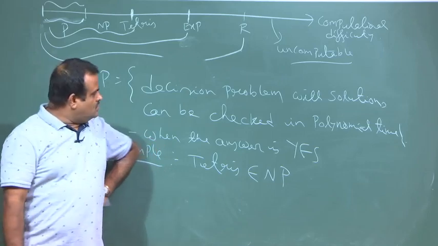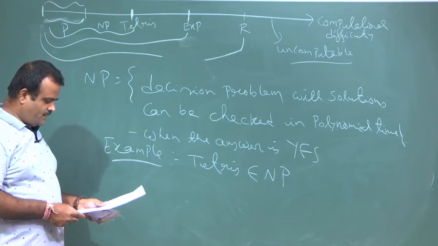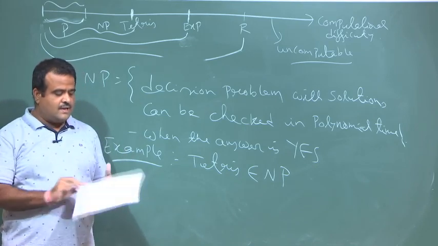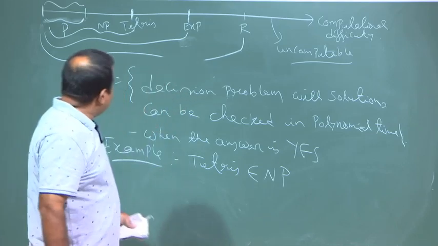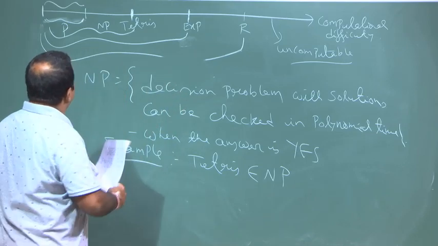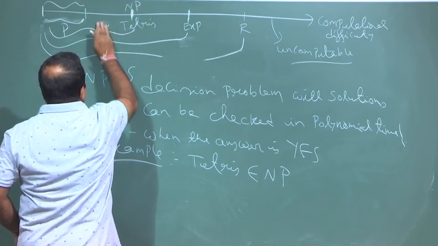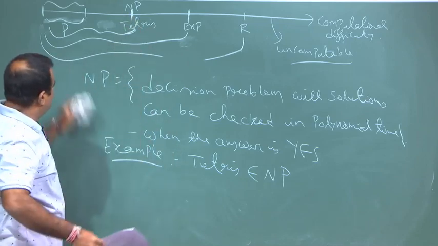So, that way we can show Tetris is in NP. Now we want to tell something about NP and P. So, up to here it is NP. Tetris belongs to NP.